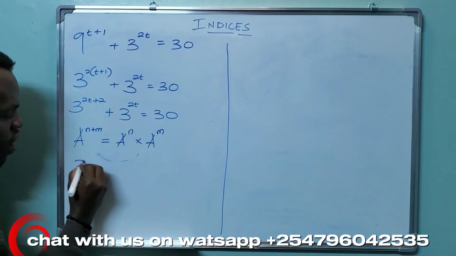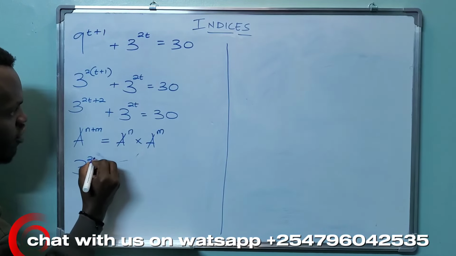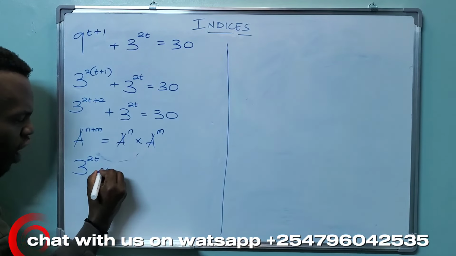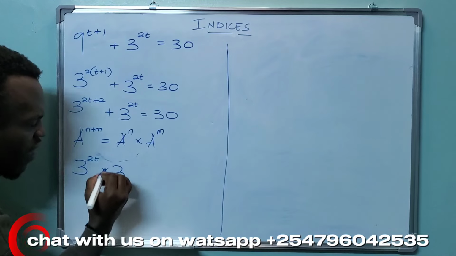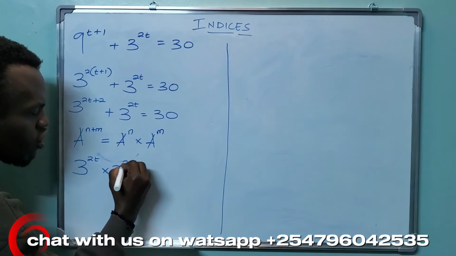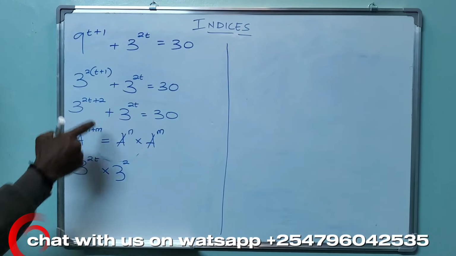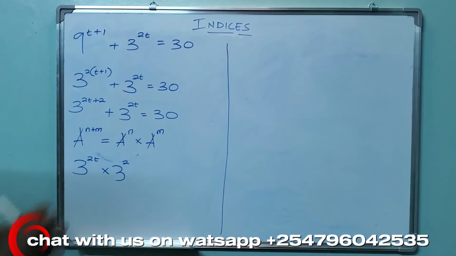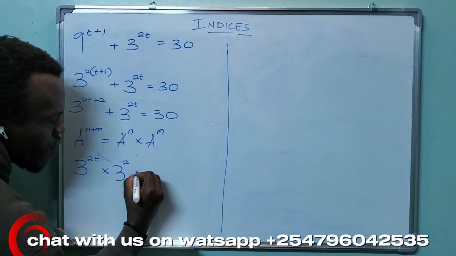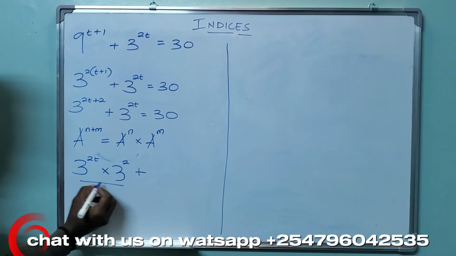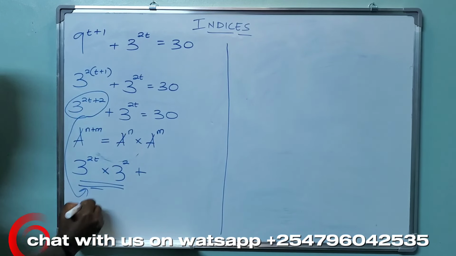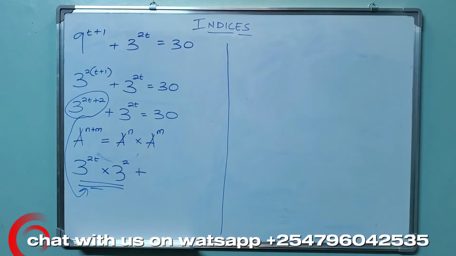So I'm going to have 3 raised to power 2t. Then because it is a plus, I'm going to have a multiplication. Then another 3 raised to power 2. So this 2t is the power of the first base, and this 2 is the power of the second base. Then plus, so this 2 here is a split of that.